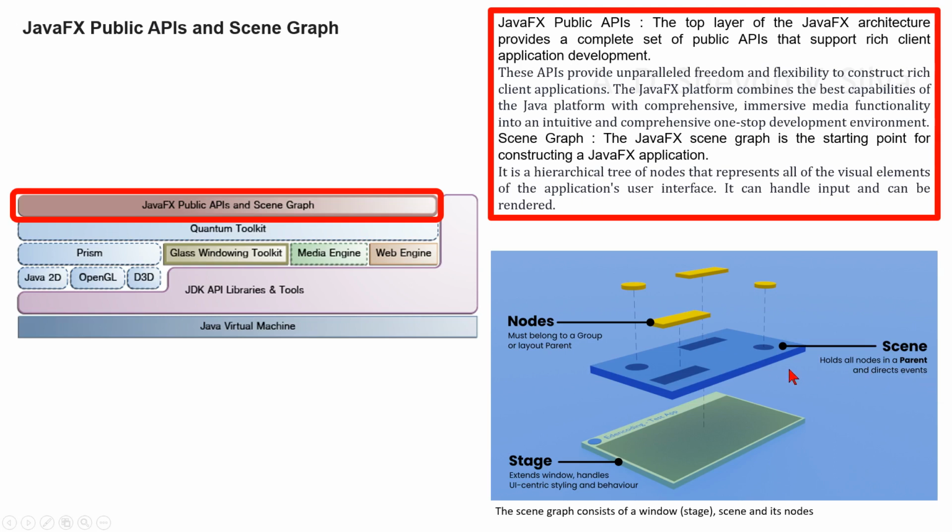Scene is responsible for four things: holding a reference to the parents that hold the scene nodes, that is most often a layout of some type, but can be a group.